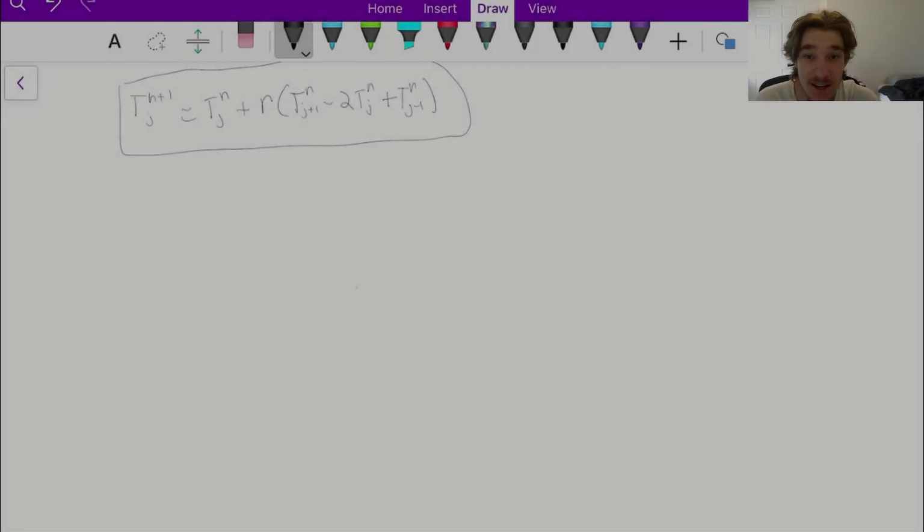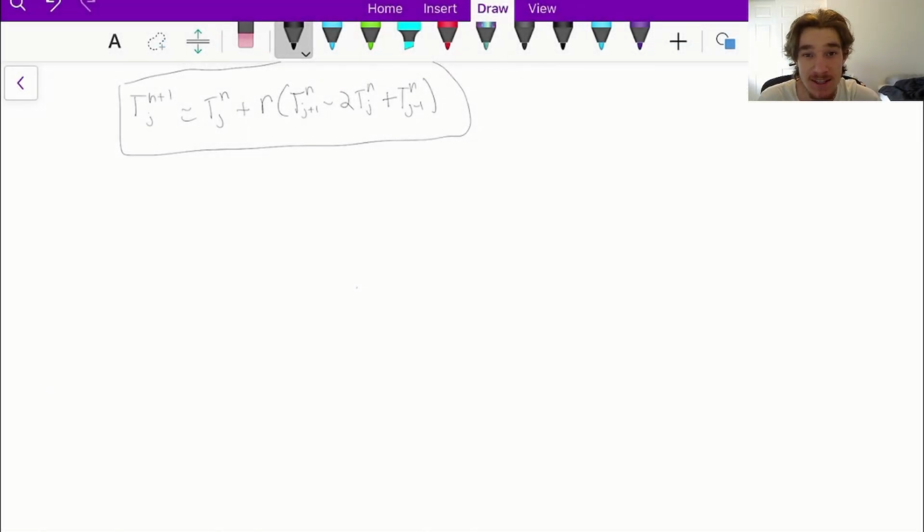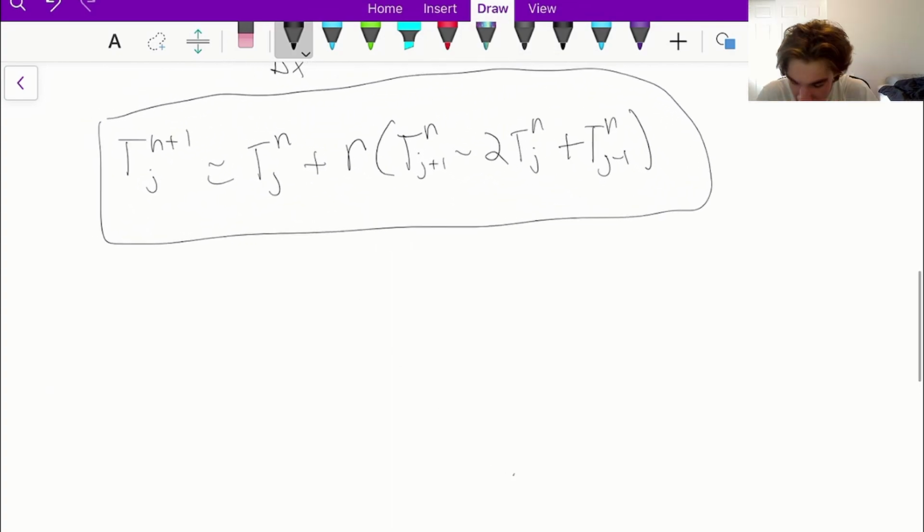Alrighty, and we're back. So now that we know this solution is not a valid solution because our R has a restricted value, we're going to find what value of R it actually is using the von Neumann stability test, right? So we have this expression right here, and we found that when we change R and it goes above a certain value, the graph just doesn't work.